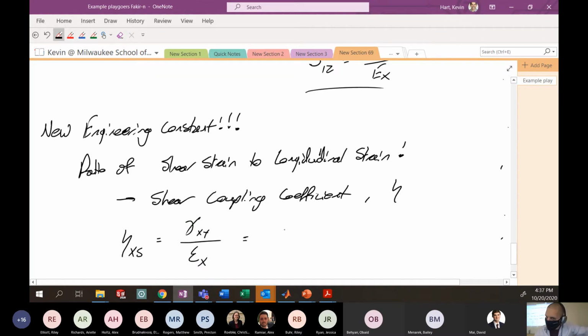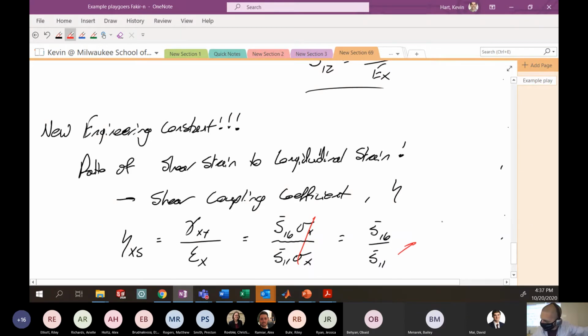If we go back up to our little mock experiment, we would see that this is S bar 16 sigma x over S bar 11 sigma x. These cancel. This is S bar 16 over S bar 11.